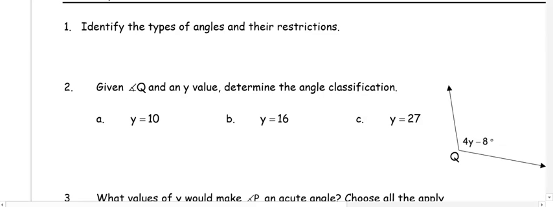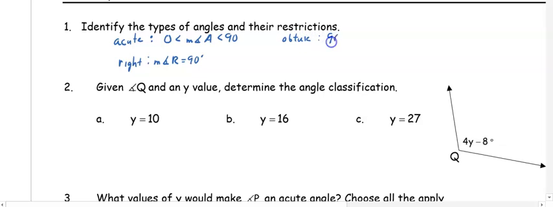These are review notes for the Unit 1 Quiz 2 in Geometry. So, number one, obtuse angles have to fall between 90 and 180.